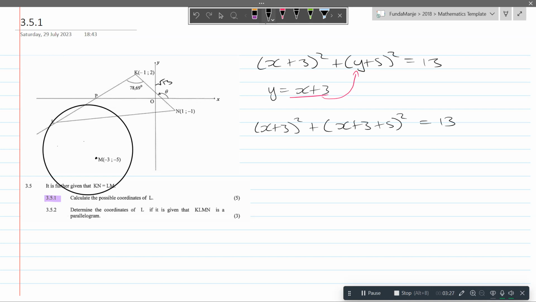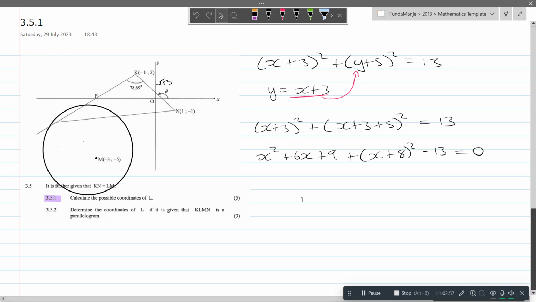We can simplify this by multiplying it out. That will give us x squared, x times 3 is 3x times 2 gives 6x, and 3 squared is 9. Then inside here we have (x plus 8) squared is equal to 13. We can bring this 13 to the other side, it becomes minus 13, and equate it to 0.